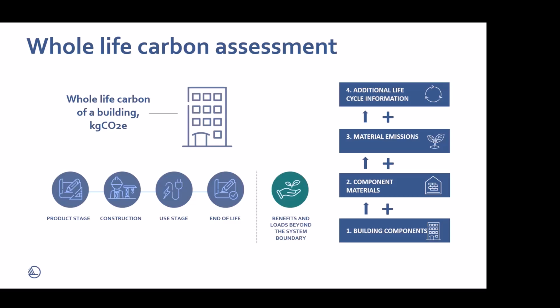One of the key data sources needed for the analysis are building components and their materials. This information is often available in a building information model. Additionally, information related to material emissions and other life cycle stages are needed to complete the whole life carbon analysis.